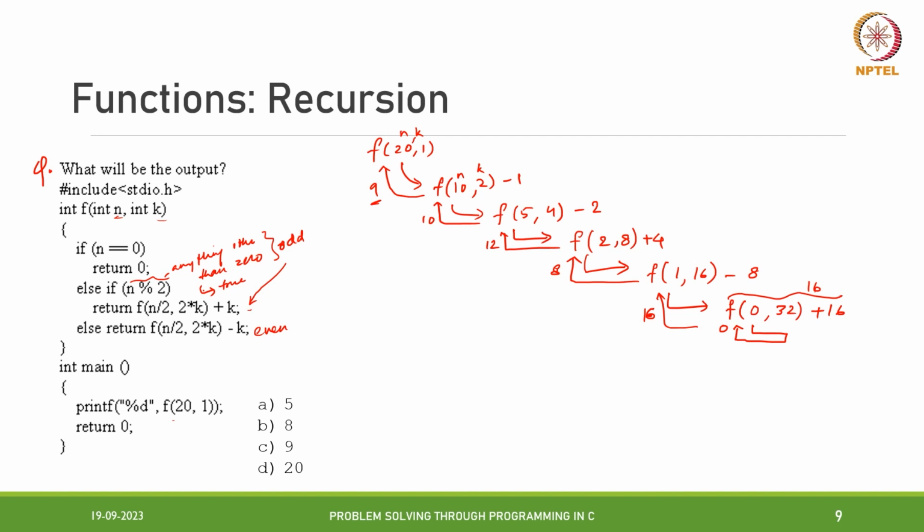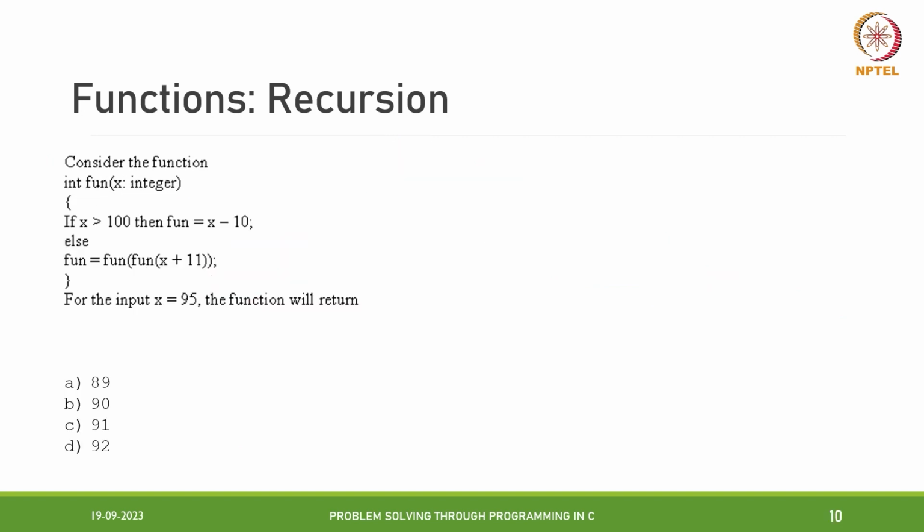So our answer will be 9. Is it clear? So is it clear how this recursion is happening? Yes, sir. Okay. All right.